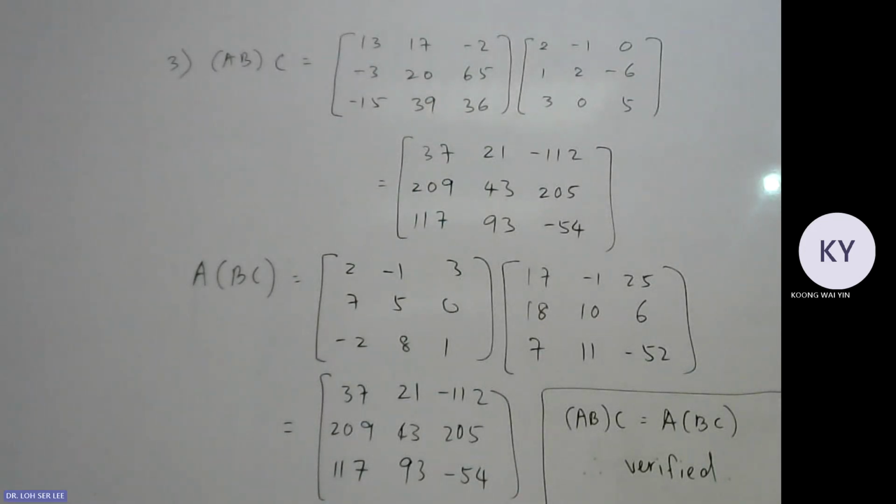Since we found that AB times C equals A times BC, the associative law is verified.